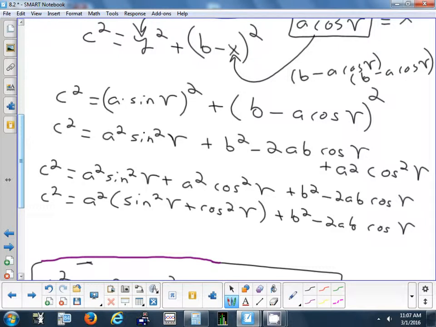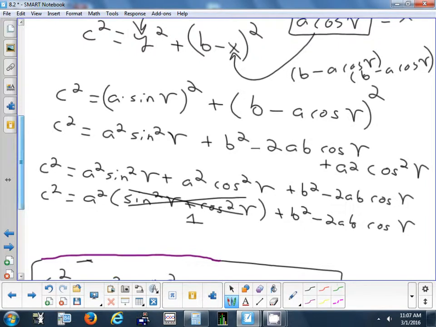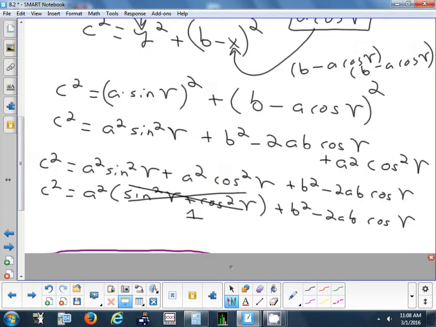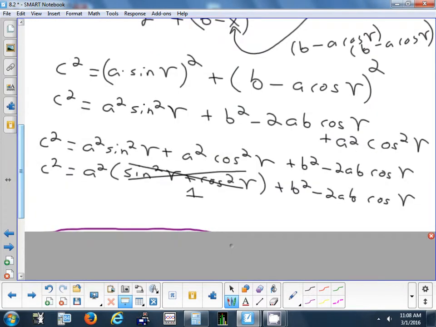Sine squared gamma plus cosine squared gamma equals 1. Yeah, this whole part becomes 1. Sine squared plus cosine squared is just 1 times a squared. And what's 1 times a squared? a squared. All right, so what we end up with is c squared equals a squared plus b squared.